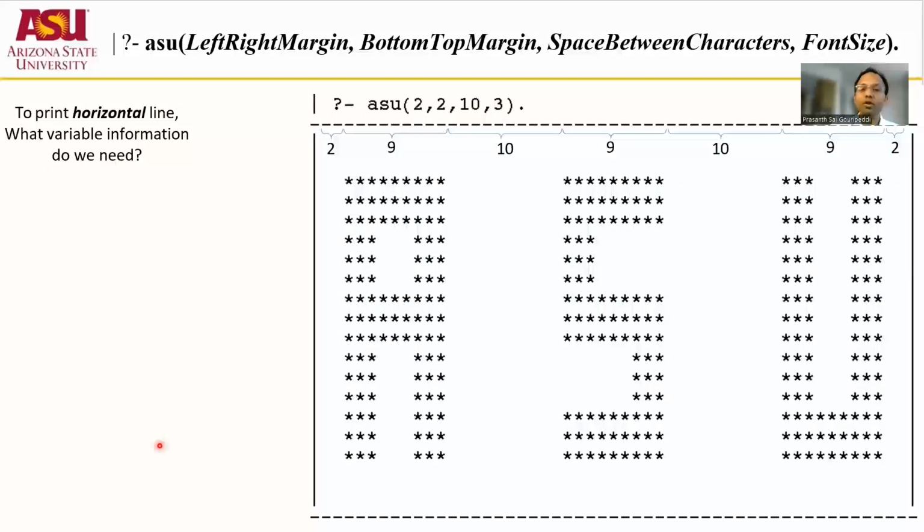So understanding the horizontal line, the horizontal line is made up of 3 main inputs from the numericals provided in the command line. The first 2, the number of spaces 10, and the font size 3. We do not need the bottom and top margin for drawing the horizontal line.